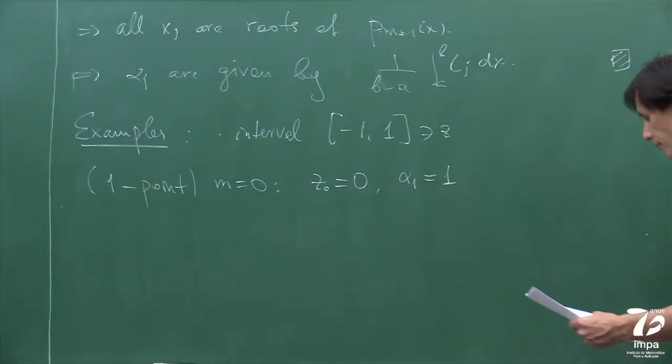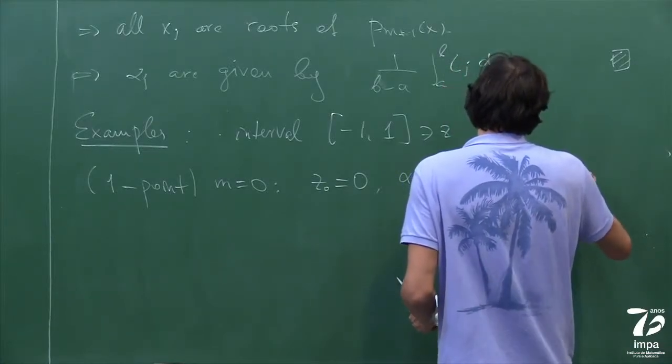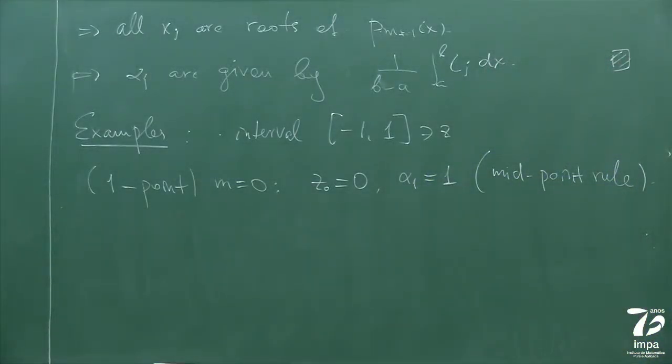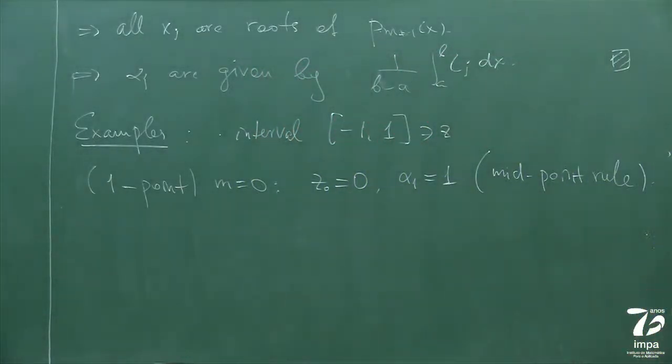So this is the trivial version, and it gives you the midpoint rule. Quite a good rule for computing integrals, in fact. It's simple. We already had it before, but it just shows that for m equals 0, it was the open Newton-Cotes formula. So for 1 point it is also optimal, which is somewhat obvious because if it's optimal, it should be in the middle by symmetry. Well, that's not necessarily expected, at least. So now we proved it.